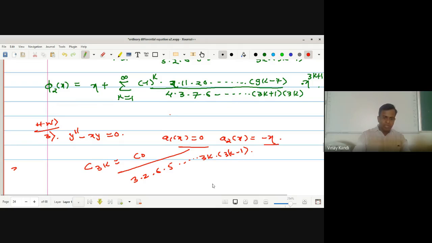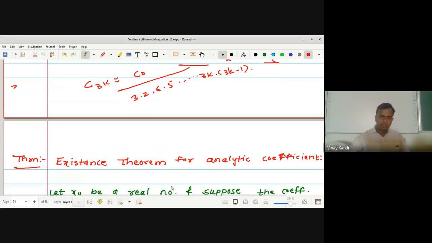And what will C3k plus 1 be? C3k plus 1 is equal to C1 upon 4 into 3 into 7 into 6, up to so on, 3k plus 1 into 3k. Okay, and C3k minus 1 is equal to 0.